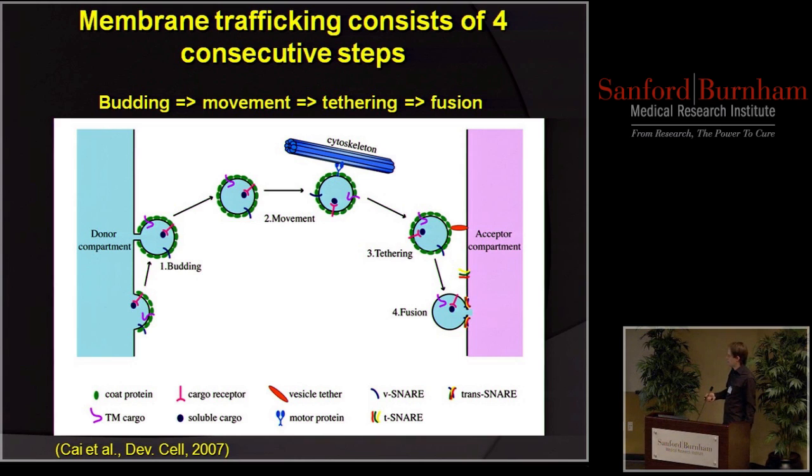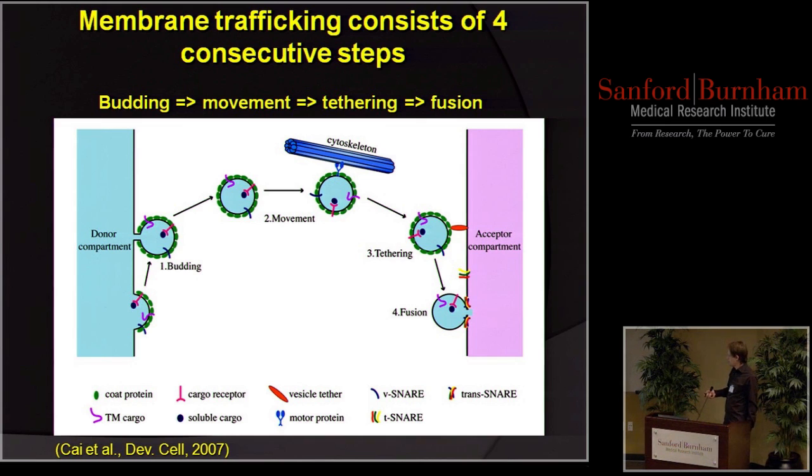The second step is the movement of this newly generated transport vesicle towards its destination. And it uses the cytoskeleton and motor proteins to aid its movement. The third part of a membrane trafficking process is the recognition of the transport vesicle by its acceptor compartment. This is the so-called tethering, and it's under the control of so-called tethering factors.